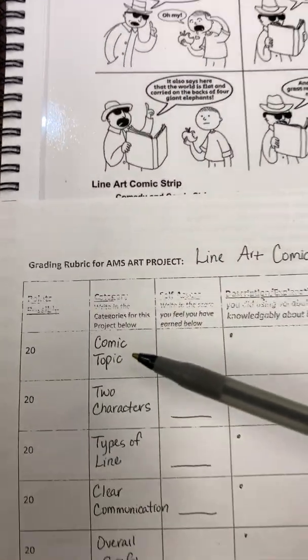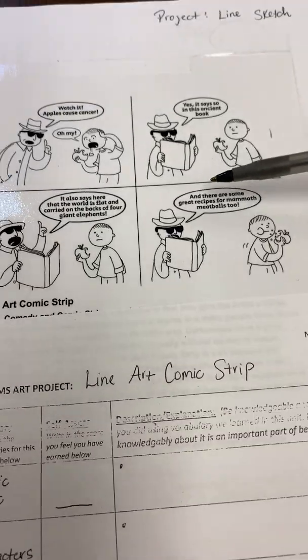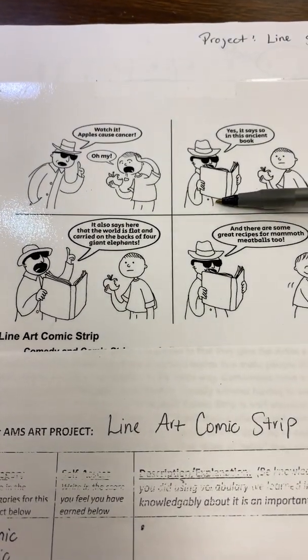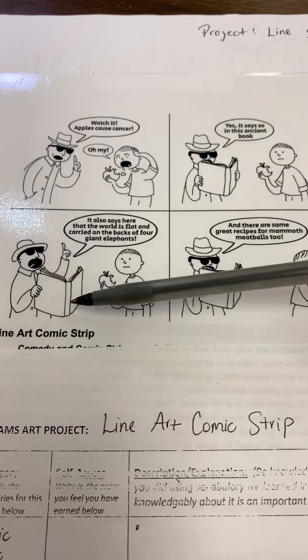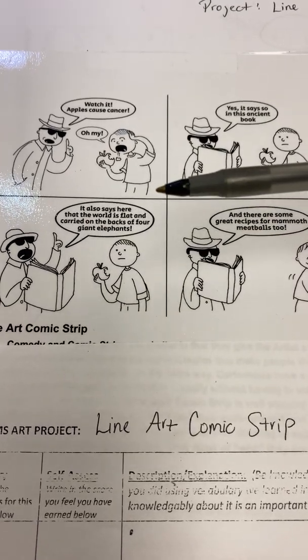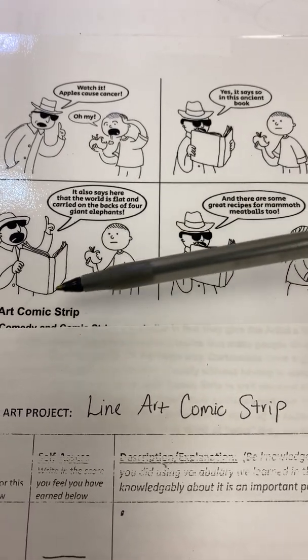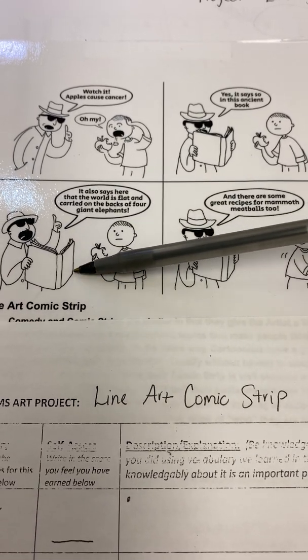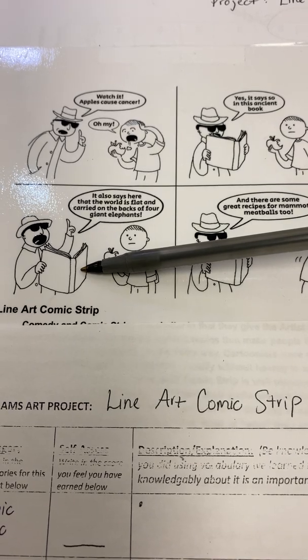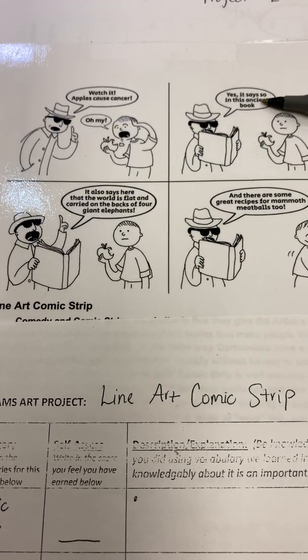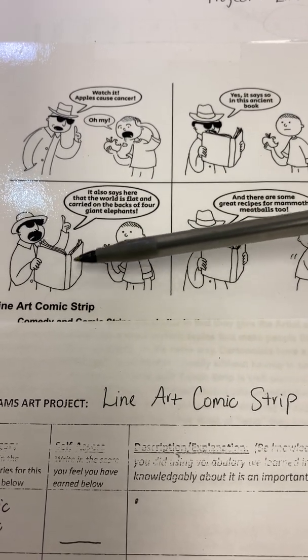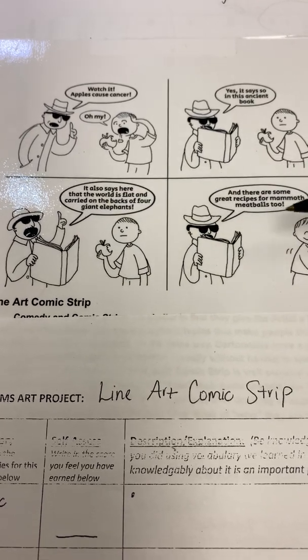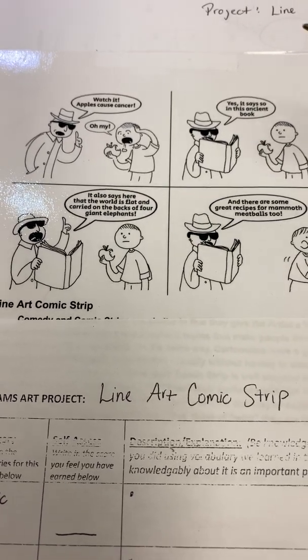So, comic topic. What was our topic here? Well, there's actually 2. The first one is making sure you have a legitimate source, right? Because the book was ancient, and the information in it was irrelevant because it was outdated.